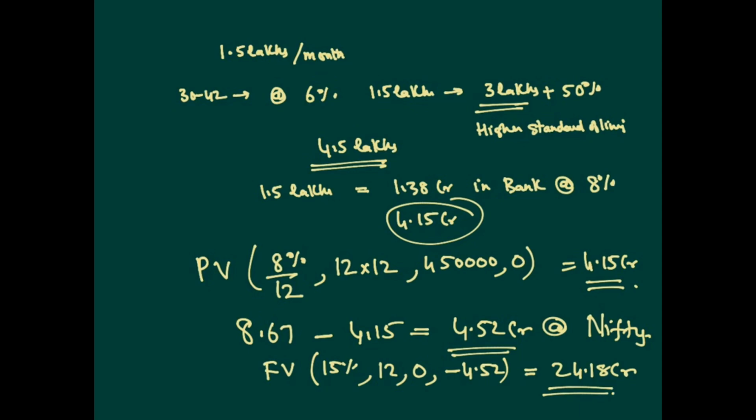Now this is exactly what I want to explain to you on the Excel, how it works out. So out of the 24.18 crores, now you have 42 plus 12, you are on your 54th birthday. So on your 54th birthday, you have now 24.18 crores. Again, now you will require correcting inflation. So let us go to the next page.